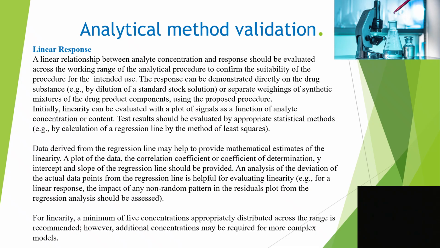In that scenario, the analysis of the deviation of actual data points from the regression line is very helpful. Means during the regression stage, the coefficient of correlation is to be checked with the help of the slope, that is the y-intercept, x-intercept.